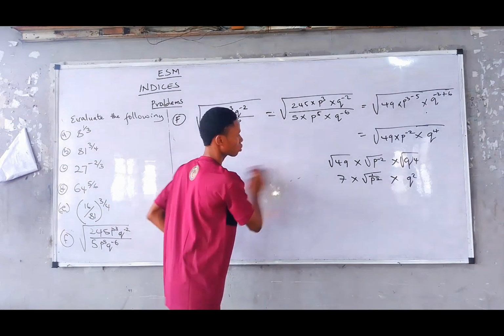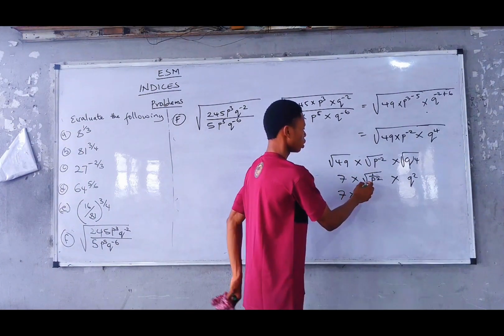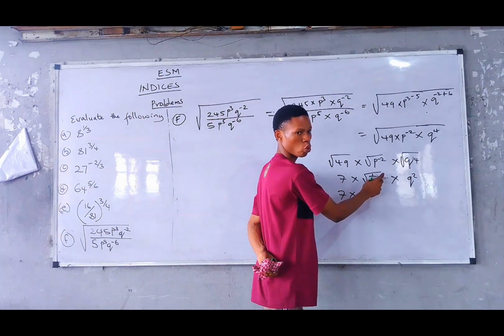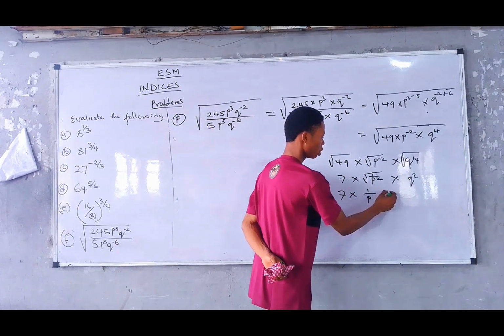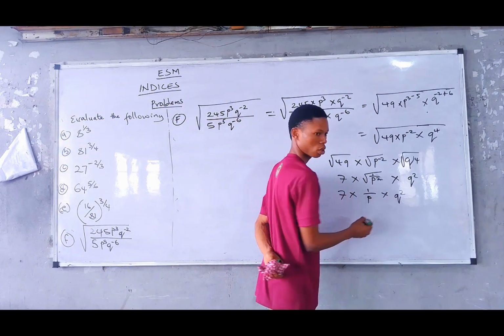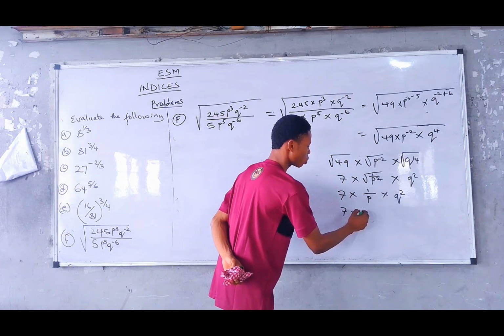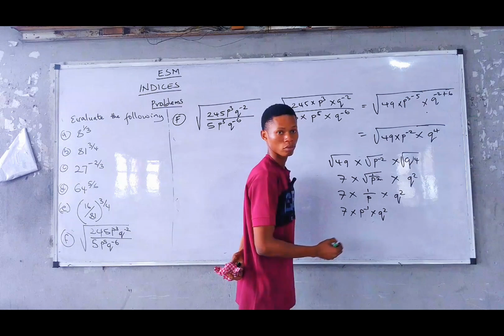So, now back to this. So 7 times square root of 1 is 1 all over square root of P square is what? Since square will remove square root, we will be left with P times Q square. Is it not? This is the same thing as 7 times P raised to power minus 1 times what? Q square.